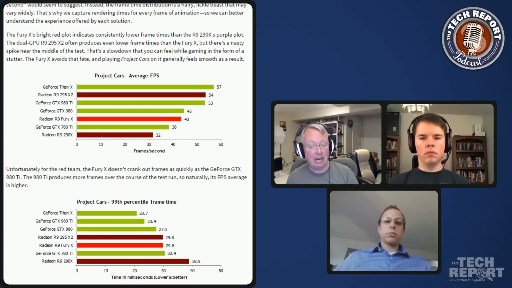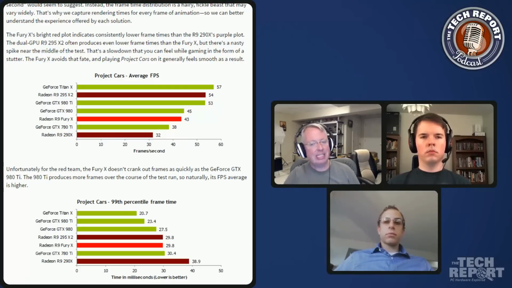But it is not what we saw in the benchmarks from AMD, where in every single one of them, there was a small to large, depending on the game, advantage in favor of the Fury X. It turns out that this is part of a general picture in which the R9 Fury X tends to be slower than the GeForce GTX 980 Ti.